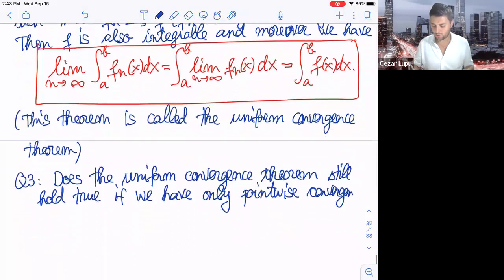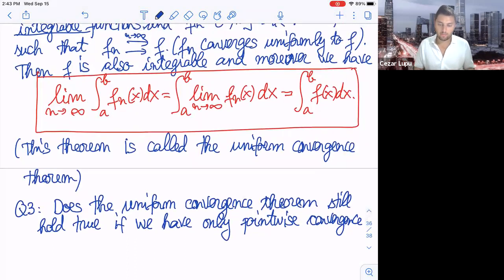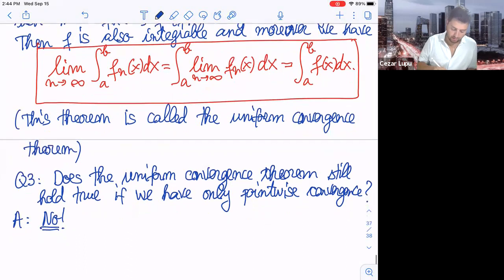That's a very natural question that we can ask. Well, as you can imagine, if we assume only pointwise convergence for Fn, then the theorem is not valid anymore. So the answer is no. And let me give you a counterexample.